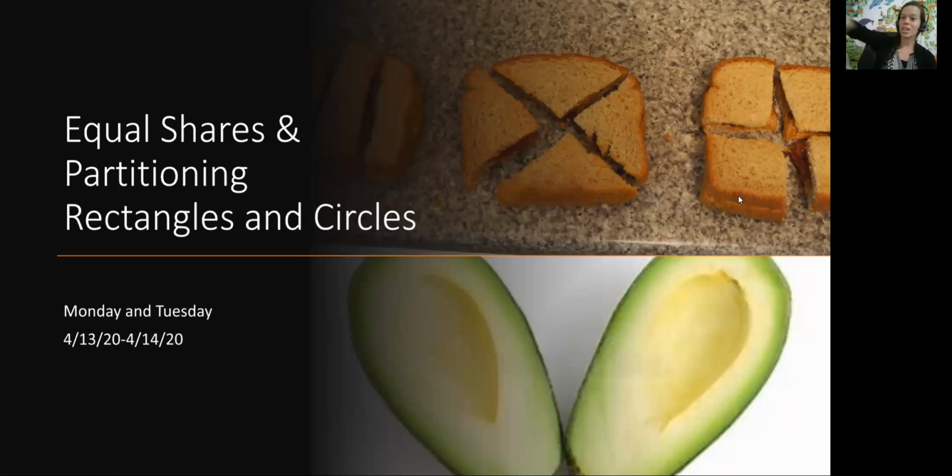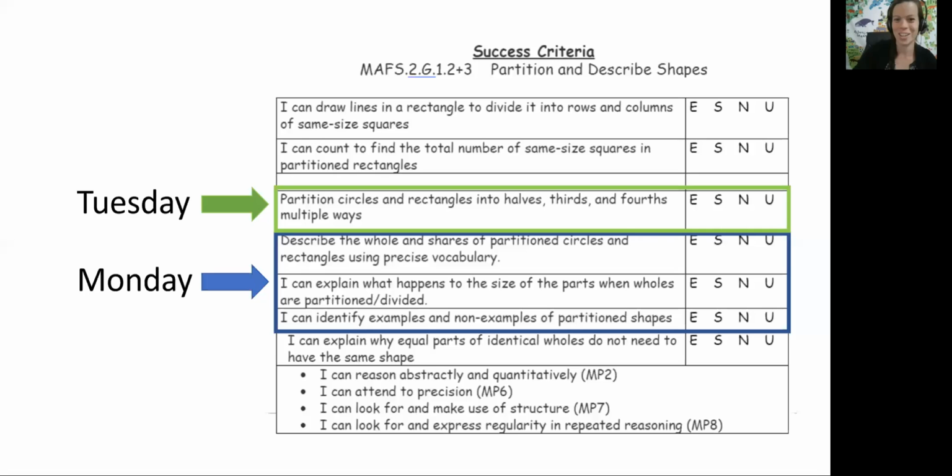This one over here on the side, they just did like a plus sign to make four equal squares. And the one on the left, they just went up and down. I don't know who cuts their sandwich like that, but it's still fourths. It works.